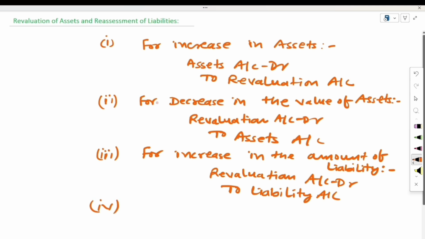If it is a decrease in the amount of liability, what entry will you pass?